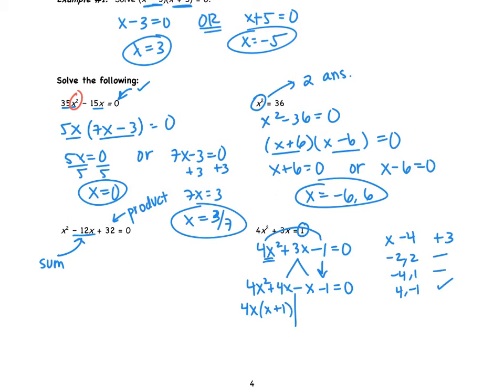Don't forget that plus 1. Out of the right side, I take out a -1, and I'm left with x plus 1 again. Remember, those parentheses should match, so that looks good. My first factor is x plus 1, and then my second one is 4x minus 1. Now remember, you're not finished. You still need to set both of those equal to 0.